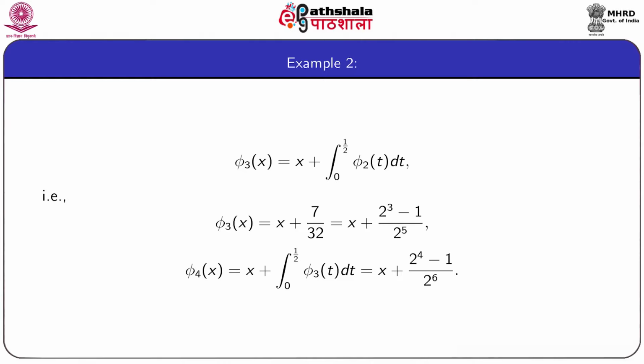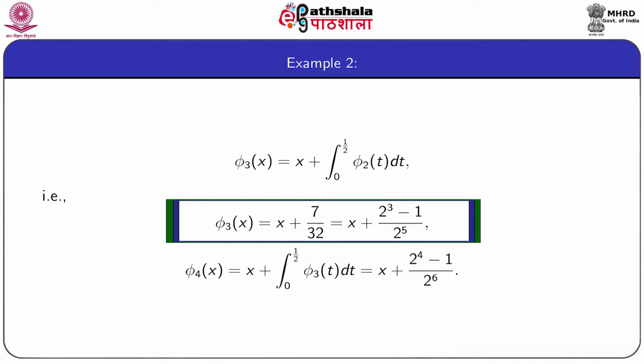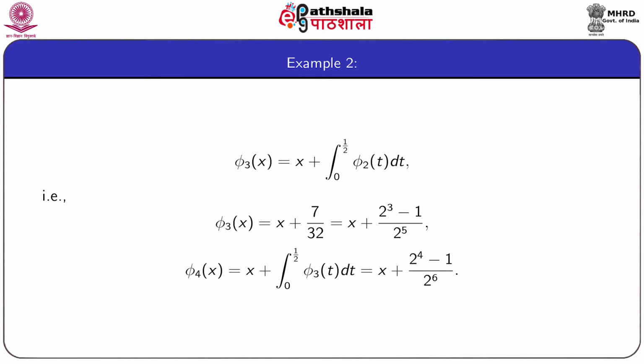If I substitute phi 2 t, then we get phi 3 x after simplification as x plus 7 by 32, which can again be written as x plus 2 cube minus 1 by 2 to the power 5.